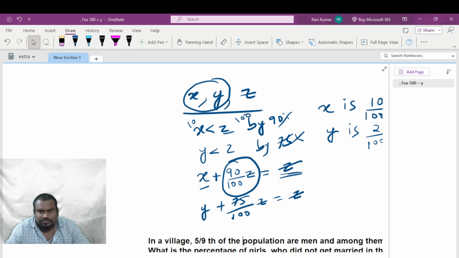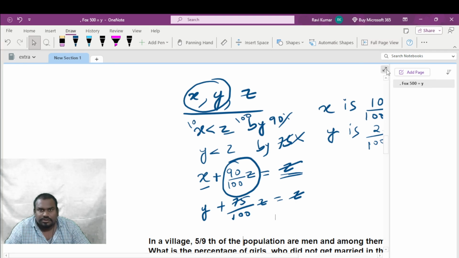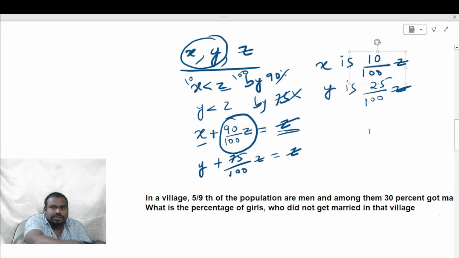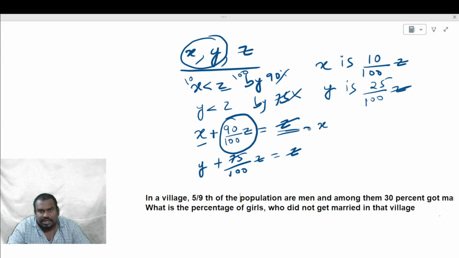Once you get the values in terms of X and Y, you can use these two equations to find the X value. From this I'll write X is equal to Z minus 90Z by 100.